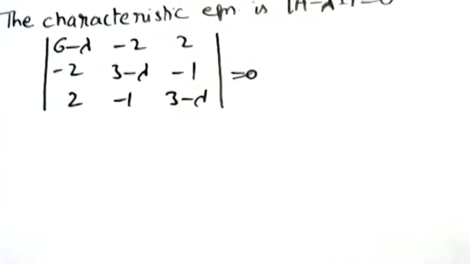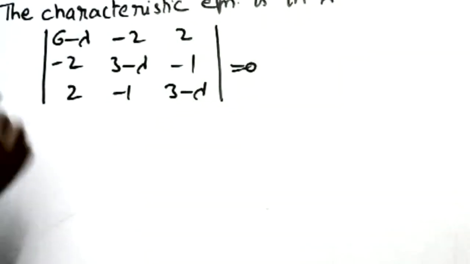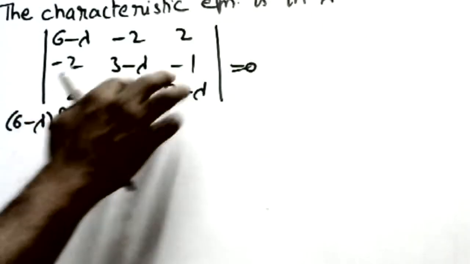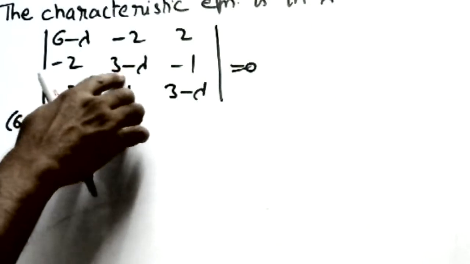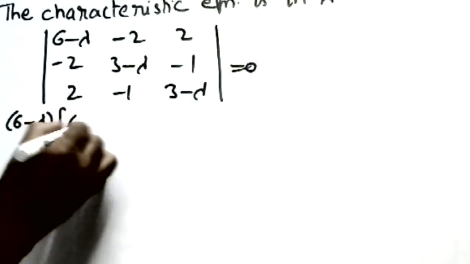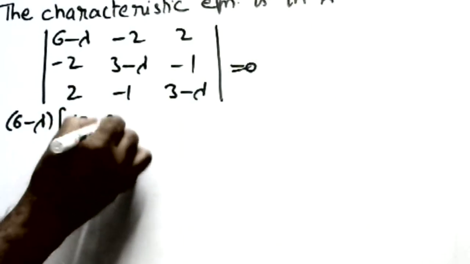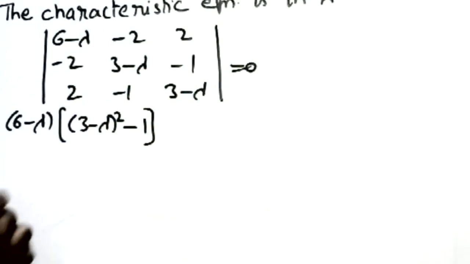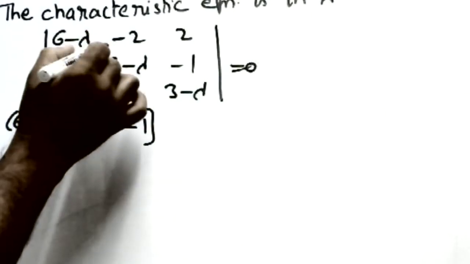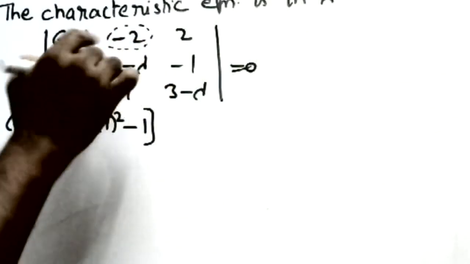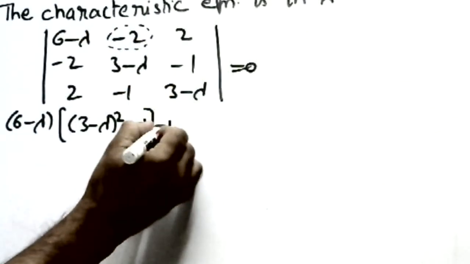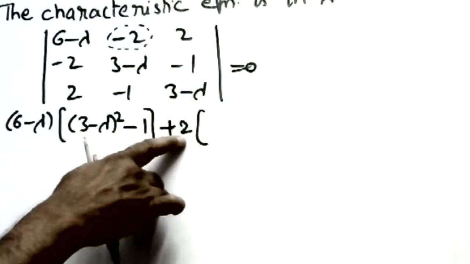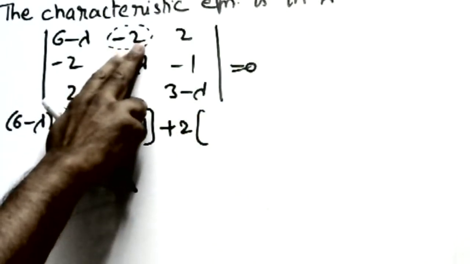Now let me expand this. First we take 6 minus lambda into these two numbers minus these two numbers: 3 minus lambda into 3 minus lambda will be (3 minus lambda) whole square, minus into minus plus 1. Always this number's sign will change because it's minus 2, so we write plus 2.